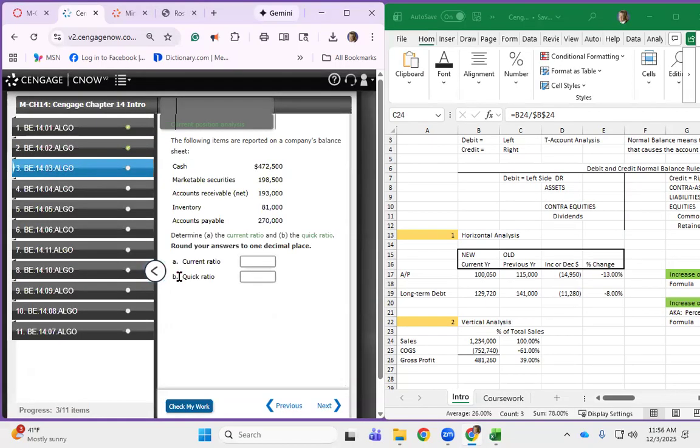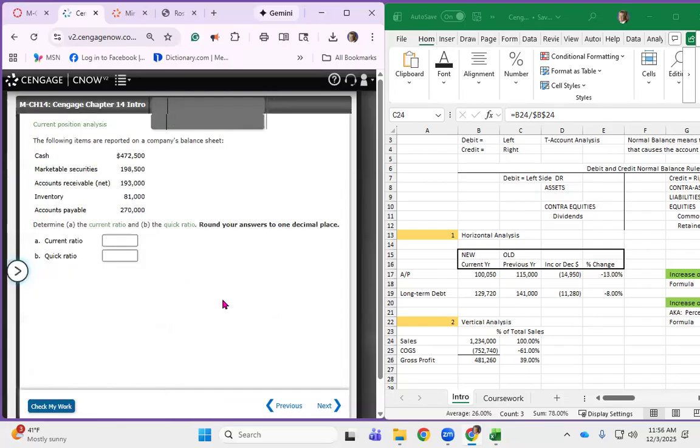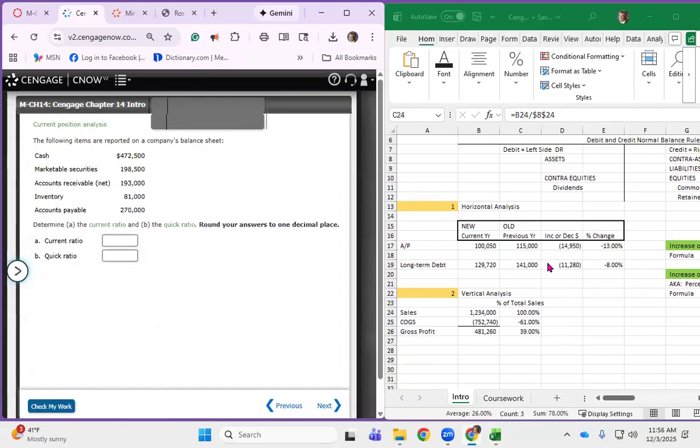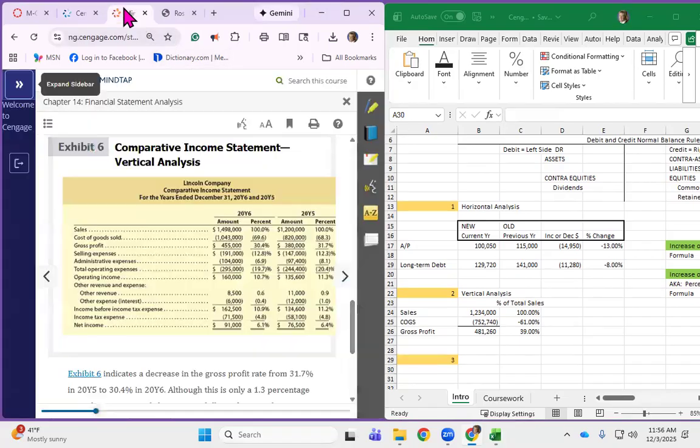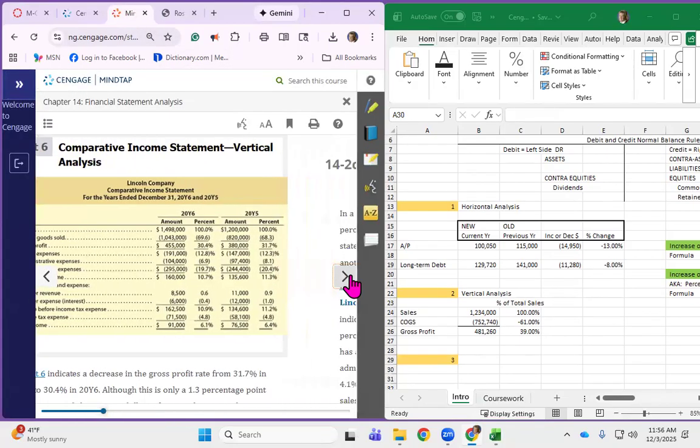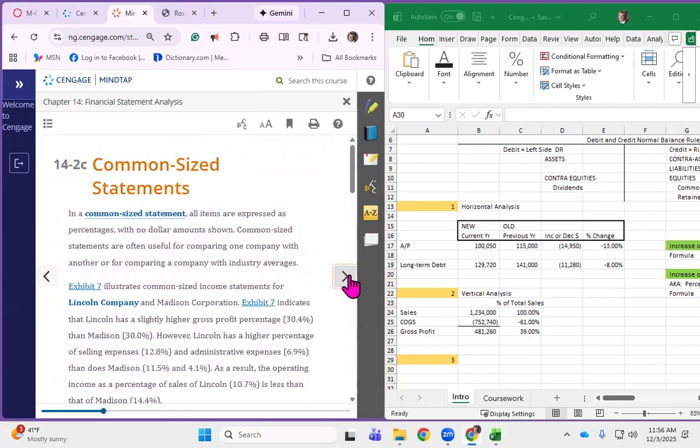I appreciate it. Okay. Now we're going to go through what's called current position analysis. Current position. So let's put this in. And one thing I want to mention in the book, there should be a page, which I'm going to find, that has a lot of these formulas.